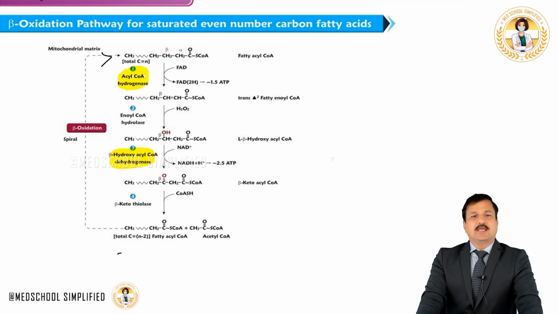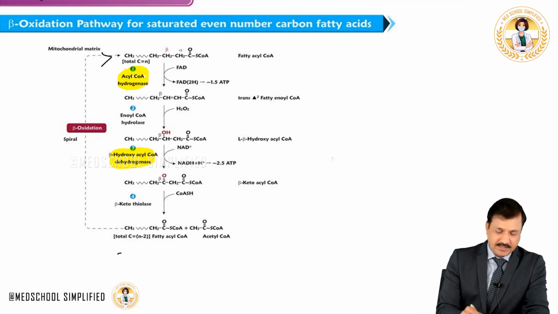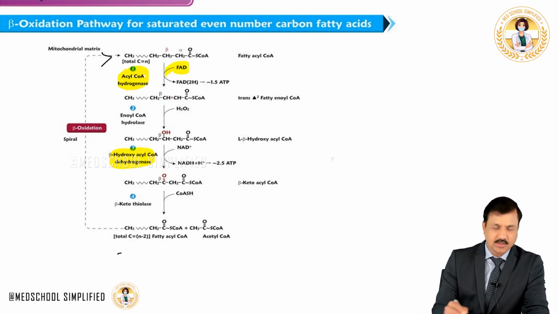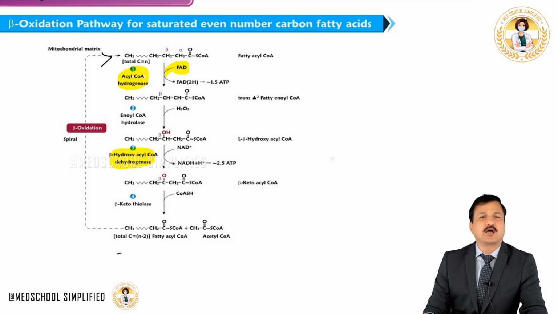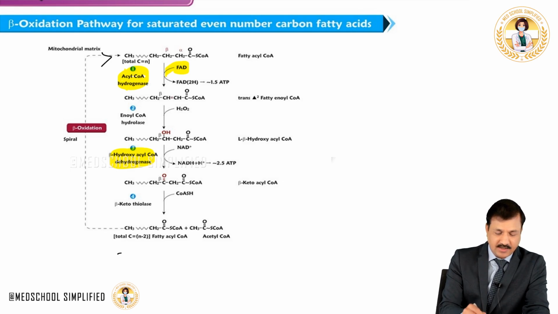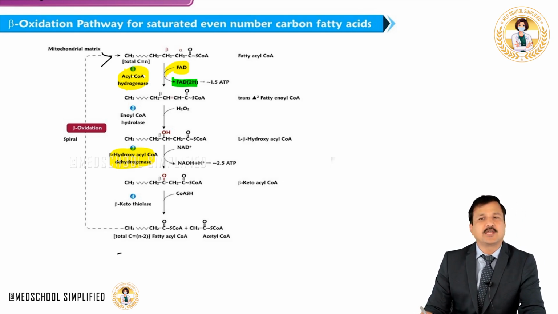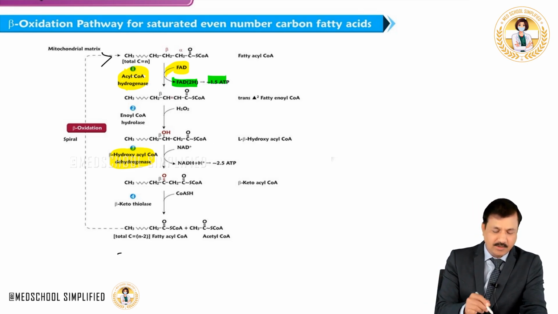Now note that in acyl-CoA dehydrogenase reaction, FAD is the one that is getting into this reaction as a coenzyme and also a co-substrate here, and the FAD is coming out of the reaction as FADH2, and this FADH2 is going into electron transport chain to give 1.5 ATP. Why?